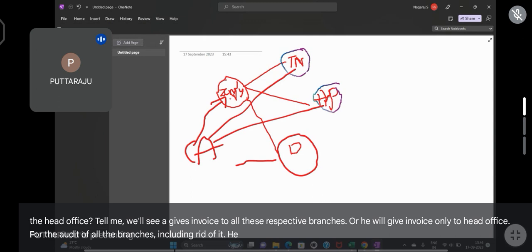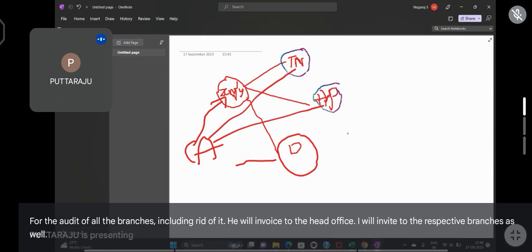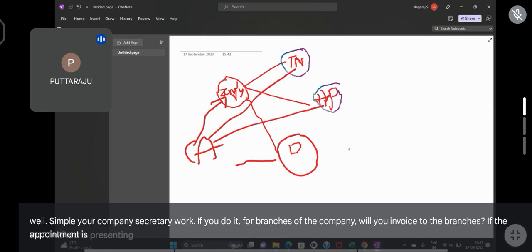Simple. Your company secretary work. If you do it for branches of the company, will you invoice to the branches if the appointment is made by head office, or only to the head office?